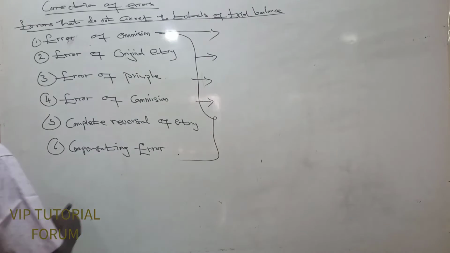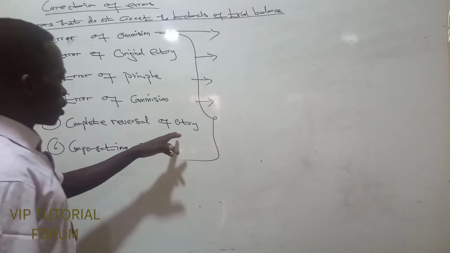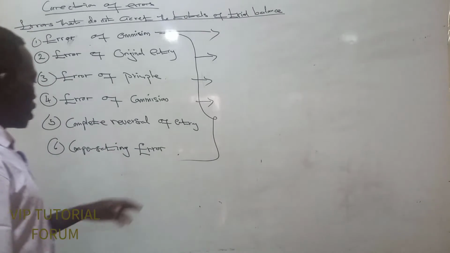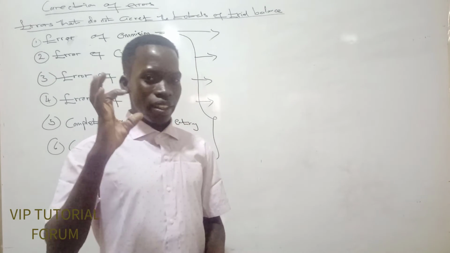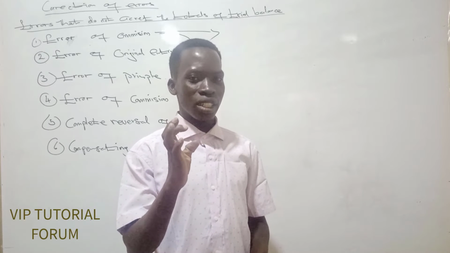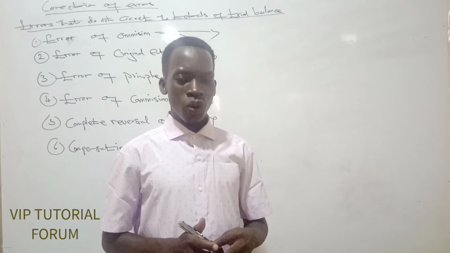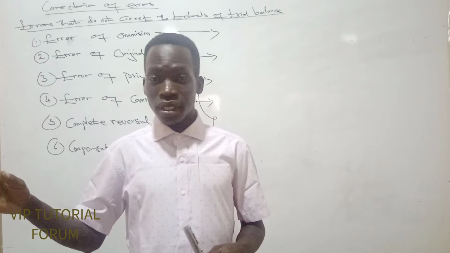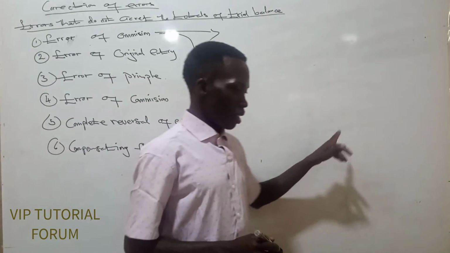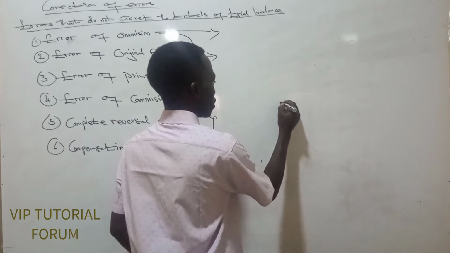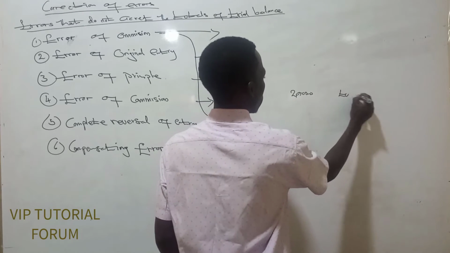Then there is error of complete reversal of entry. Error of complete reversal of entry is a situation whereby the account you are supposed to debit, you credit, and the account that you are supposed to credit, you debit. Example: Mr. Ahmad paid 20,000 to Umar.